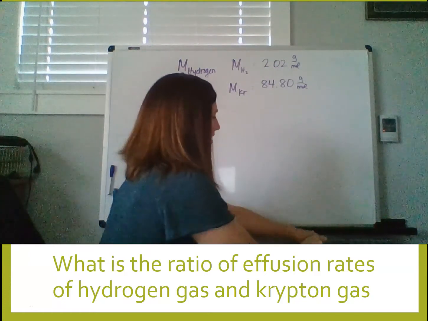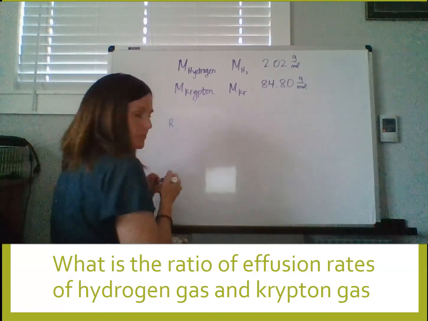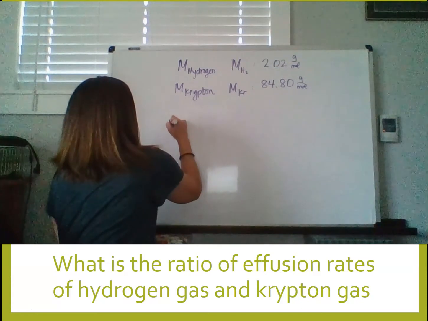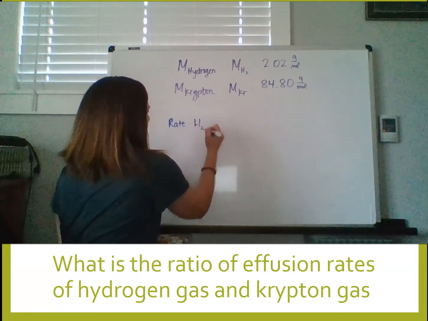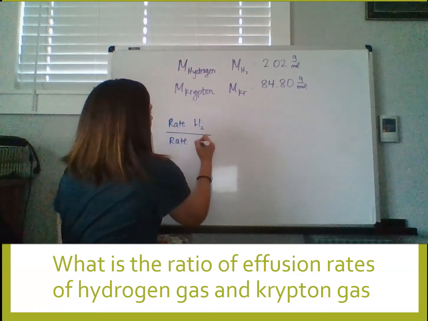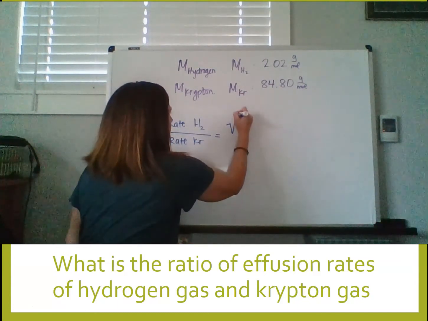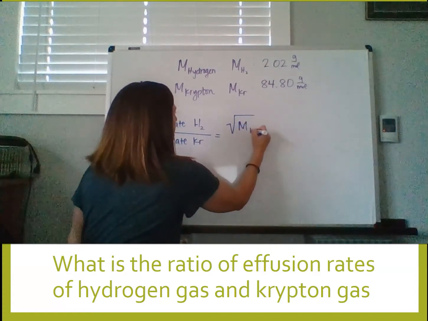So I'm going to say that the rate of hydrogen compared to the rate of krypton is equal to the square root of the molar mass of krypton.